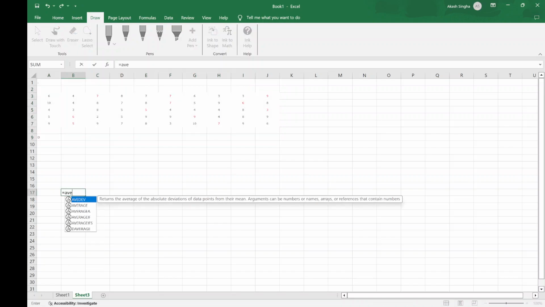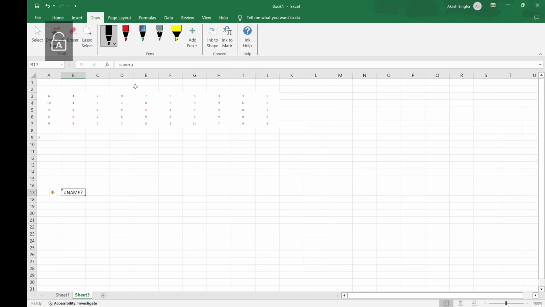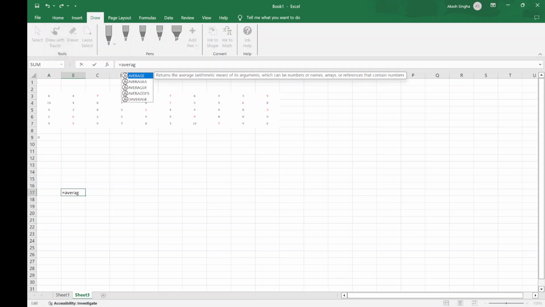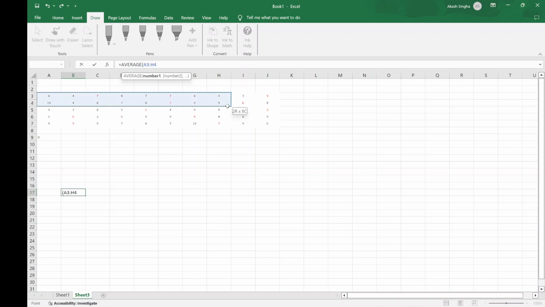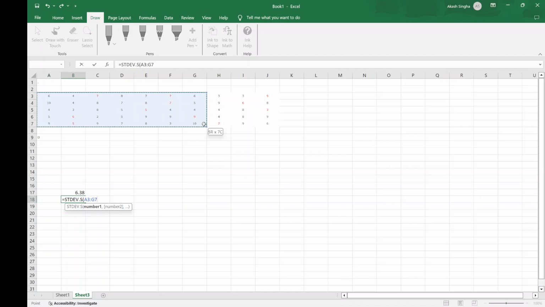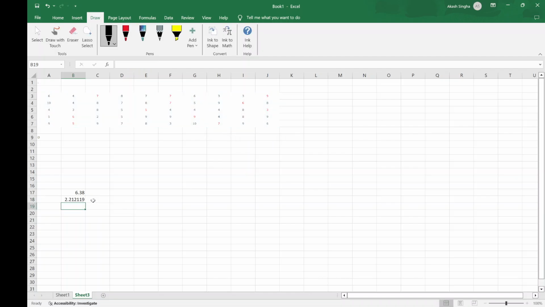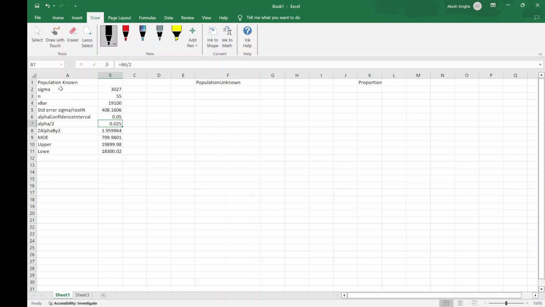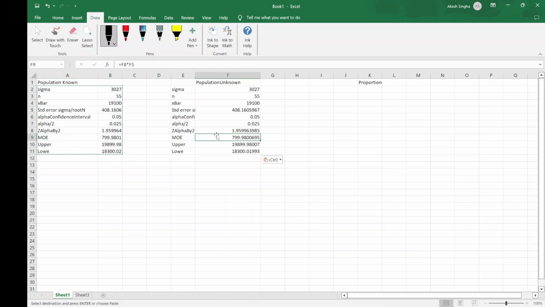So the average is, and the standard deviation is. So the same thing. If population is unknown, the only thing we will change is z alpha by 2. Here we will have t alpha by 2.